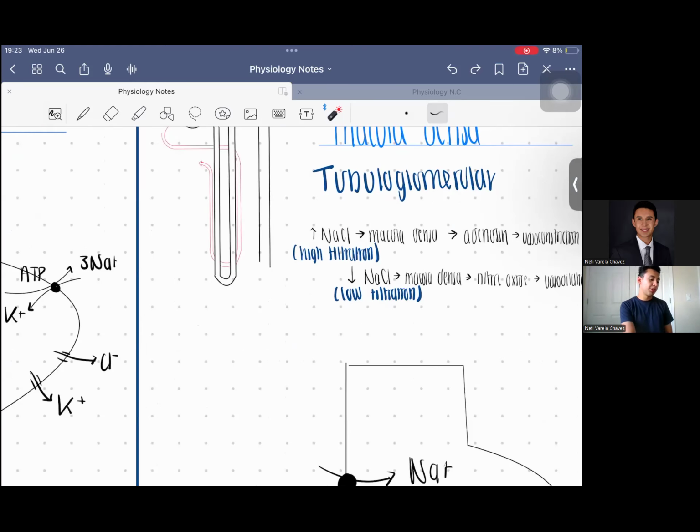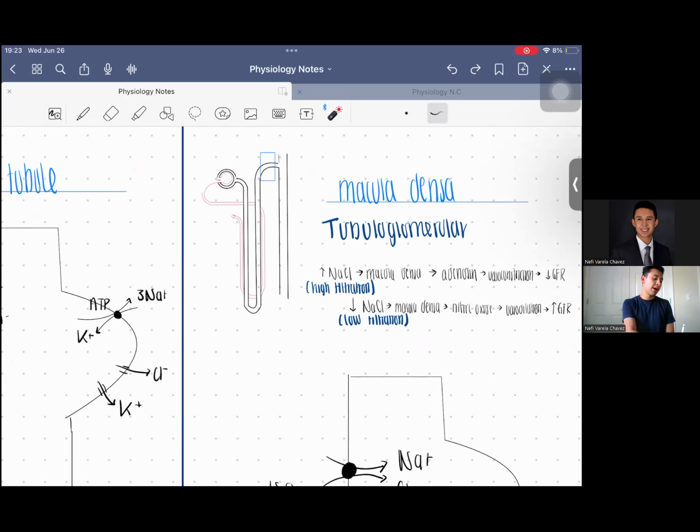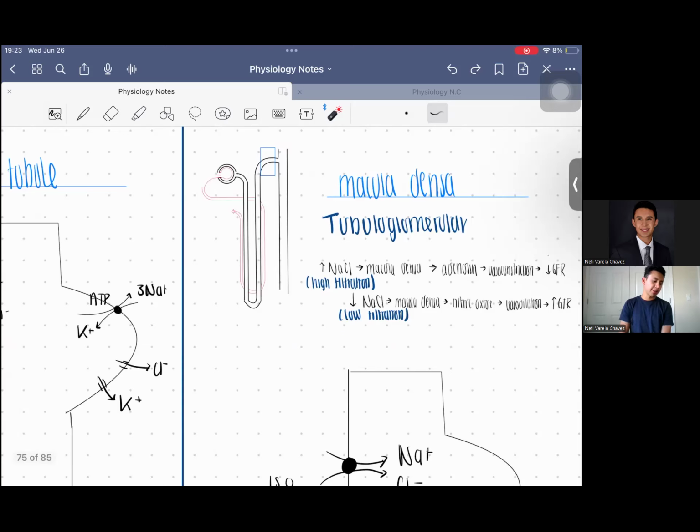And again, I'm gonna reintroduce this structure named the macula densa, finding the tubuloglomerular feedback. That's going to be pretty close to the collecting duct, and this one is going to sense salt.